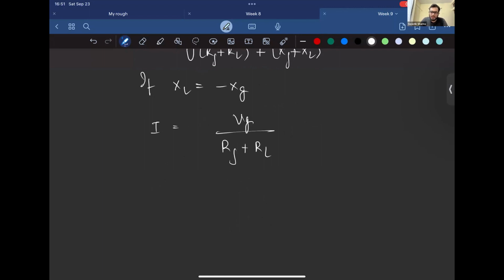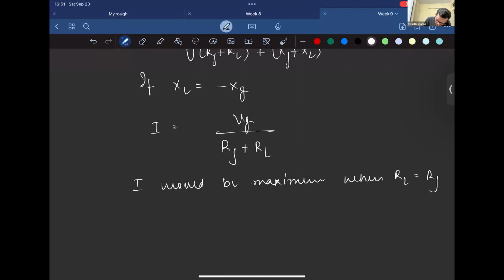So for Thevenin, at what value did that come out to be maximum? When it was equal to the source resistance, the Thevenin resistance, right? So similarly here also, I would be maximum when RL is RG, right?